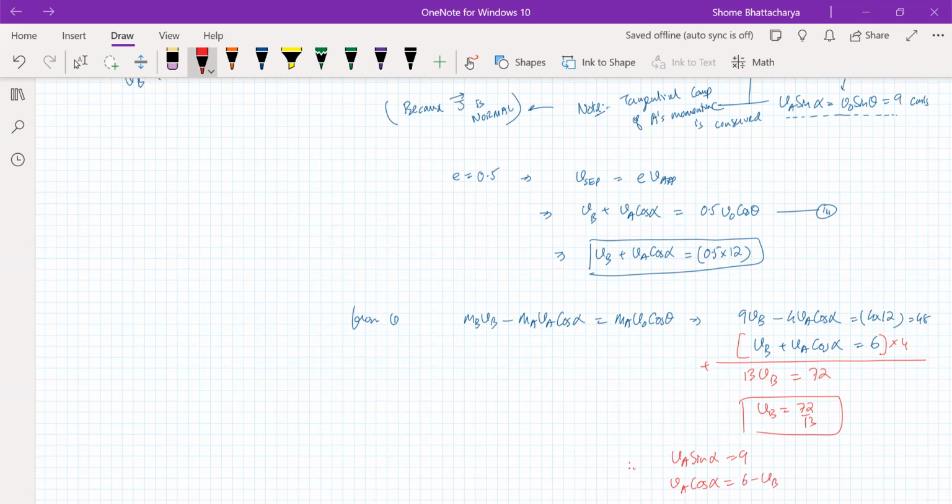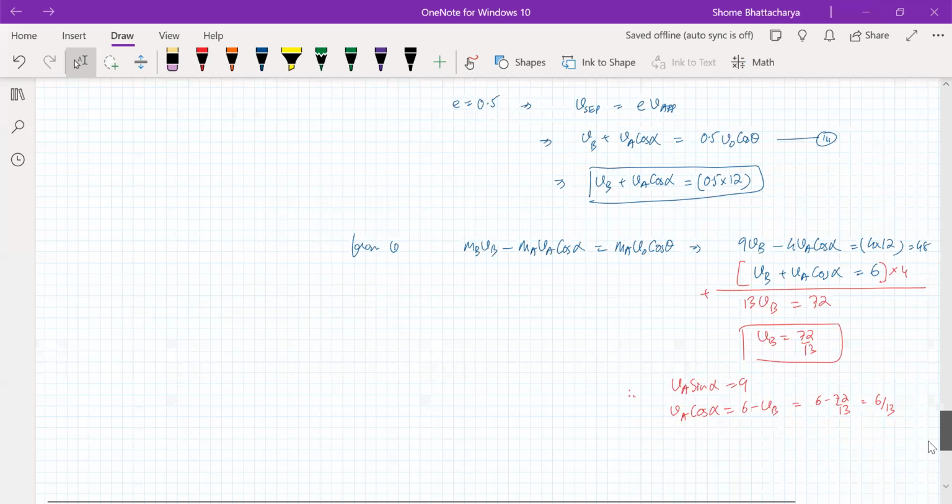From this equation, that is going to be, how much? 6 minus 72 by 13, which is minus 6 by 13.